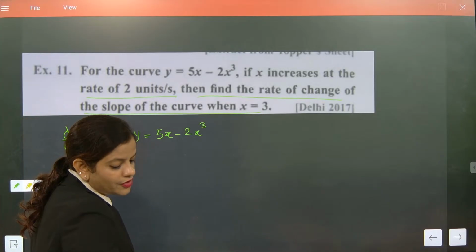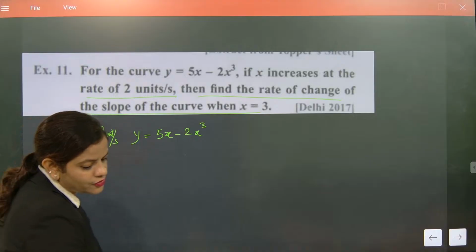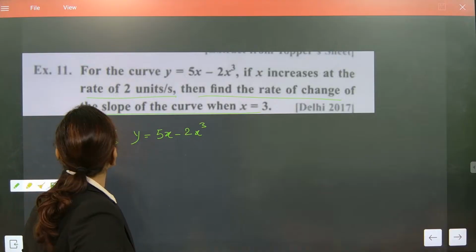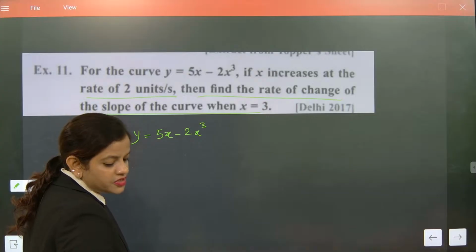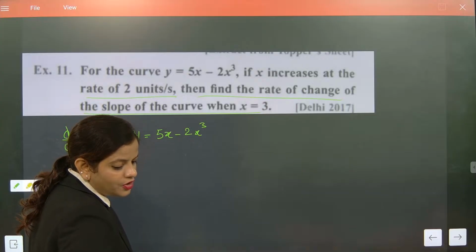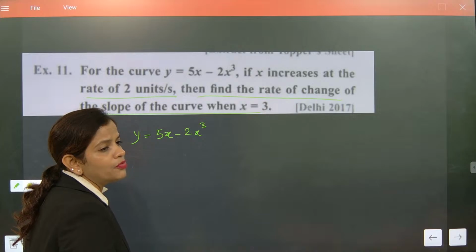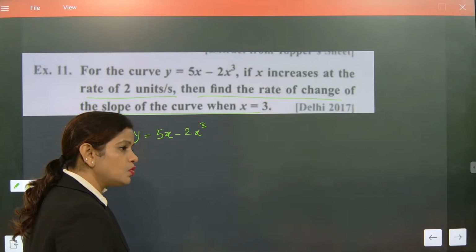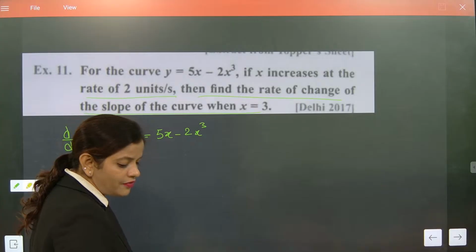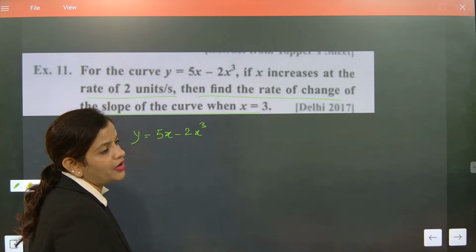Try this question: the rate of change of slope of the curve. First you have to find the slope. First do dy by dx. After doing dy by dx, what will the slope formula be, beta? Dy by dx. Understood? Once you get the slope, after getting the slope, again you have to differentiate and then find the value.